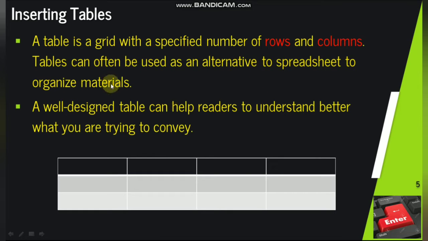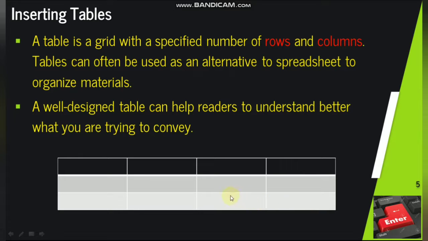Tables help to organize materials. A well designed table can help readers understand better what you are trying to convey. Instead of typing all the details in MS Word itself, if you have a tabular column, it will be easy for you. For example, here you can have serial numbers 1 2 3 4 5 6, here the name, their address, and their phone number.